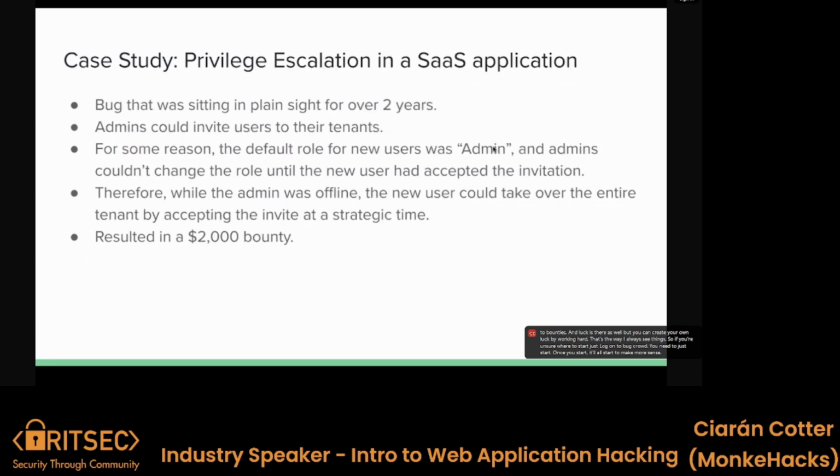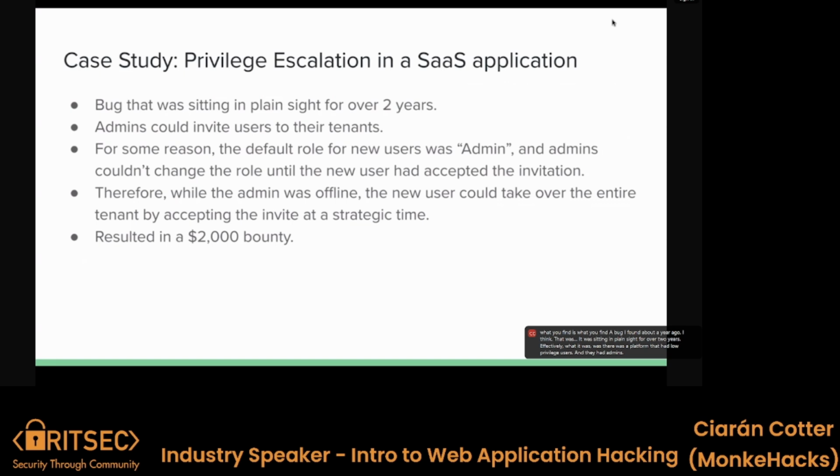And so just a case study of how creativity tends to impact what you find is a bug I found about a year ago, I think. It was sitting in plain sight for over 2 years. Effectively there was a platform that had low privileged users and they had admins.